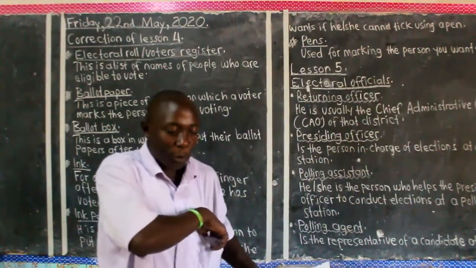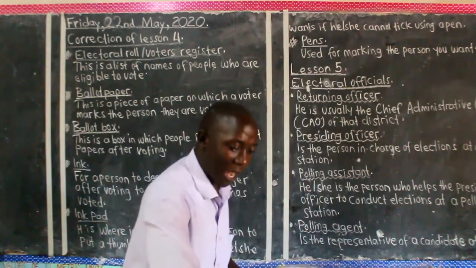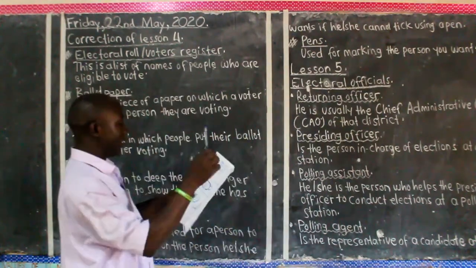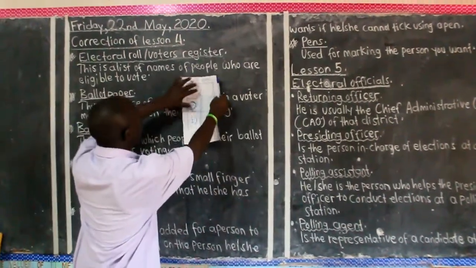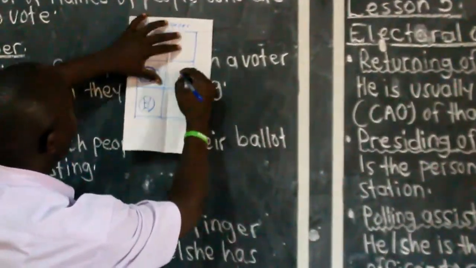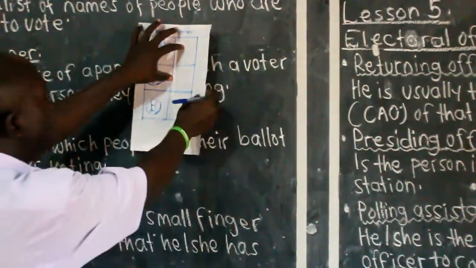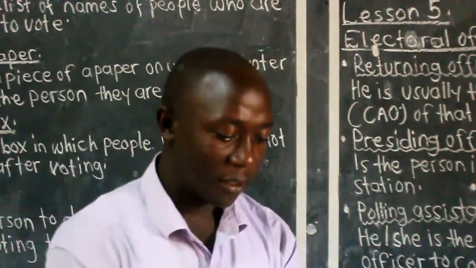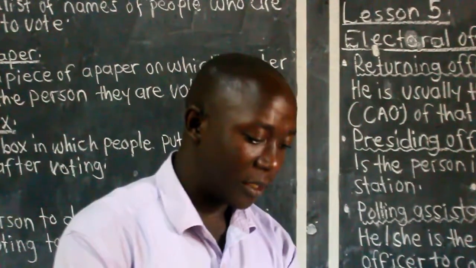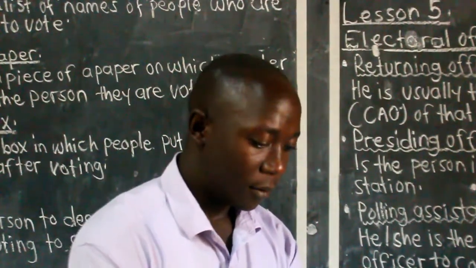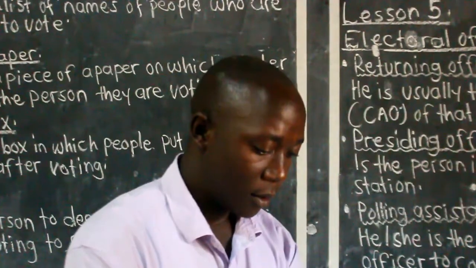So for those who cannot tick using a pen, someone can tick using a pen. If you cannot manage, use what we call a thumbprint.